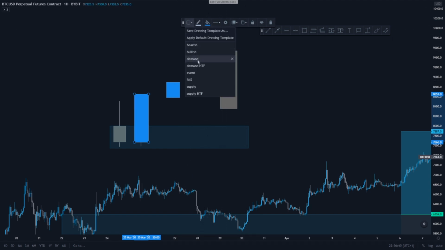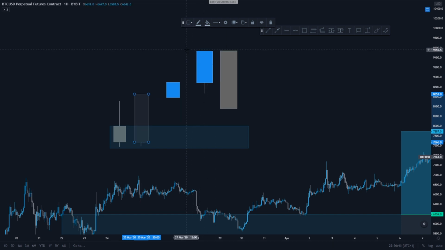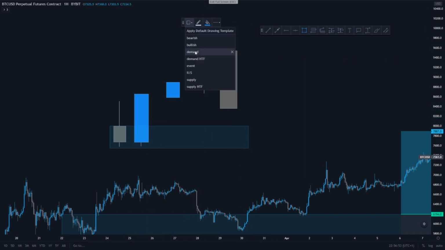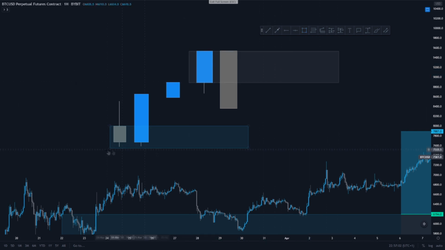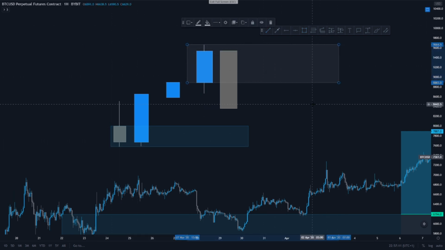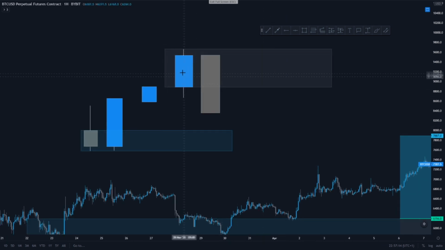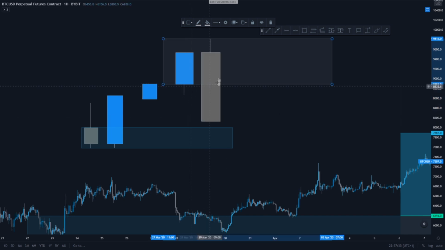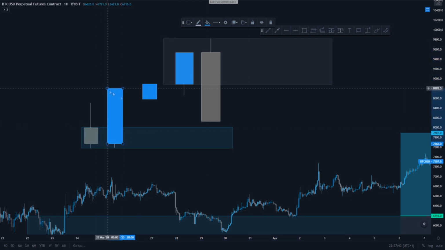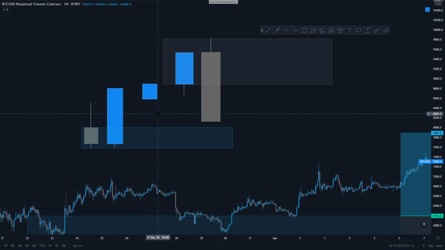So in this case, we would draw a supply zone. A supply zone on a bearish engulfing structure would look like this, right? So this is a bearish engulfing structure, and this here, guys, is a bullish engulfing structure. So we can say that these zones are stronger than random supply and demand zones, okay? These are stronger.